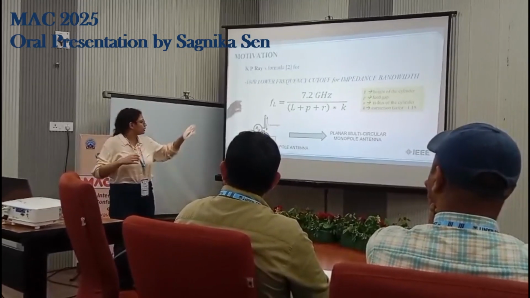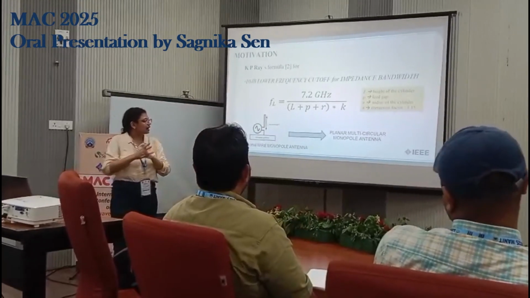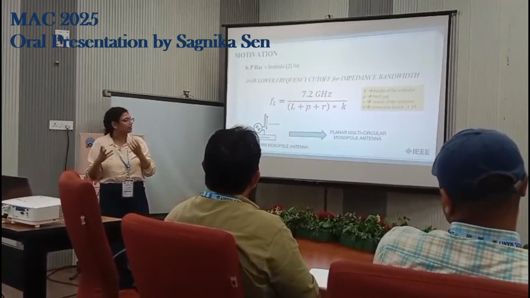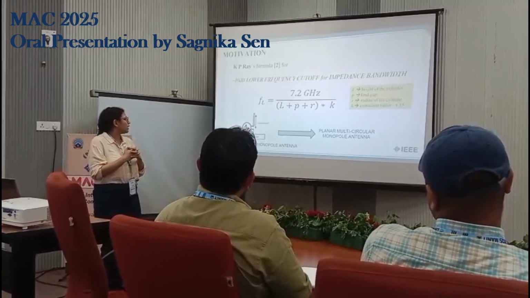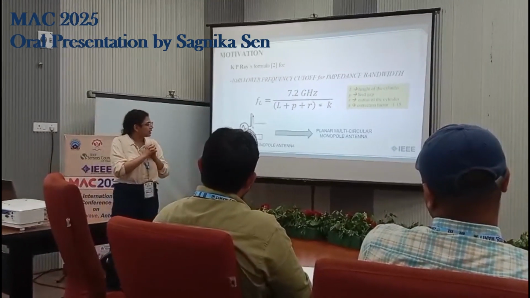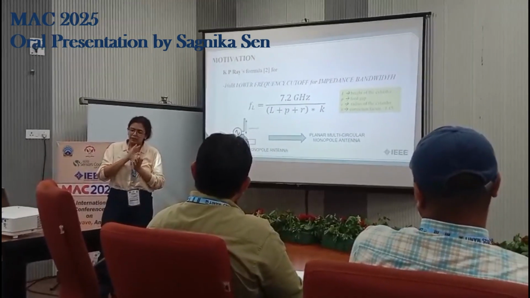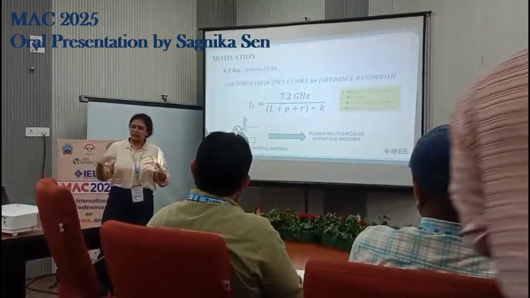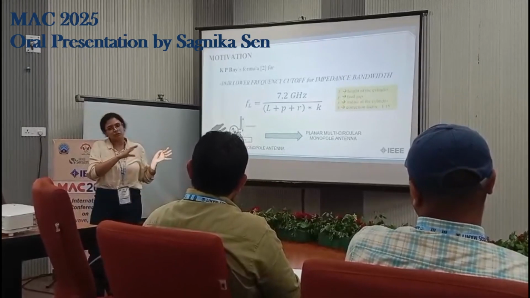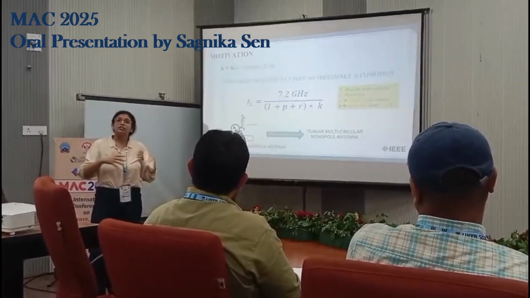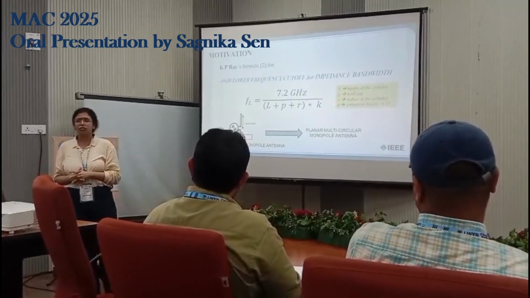In this formula, L and R are the height and radius of the cylinder representing the traditional monopole antenna, P is the feed gap, and K is the correction factor. He proposed that a planar monopole antenna with a surface area equivalent to that of a traditional wired monopole antenna can utilize the FL formula for any desired lower cutoff frequency.